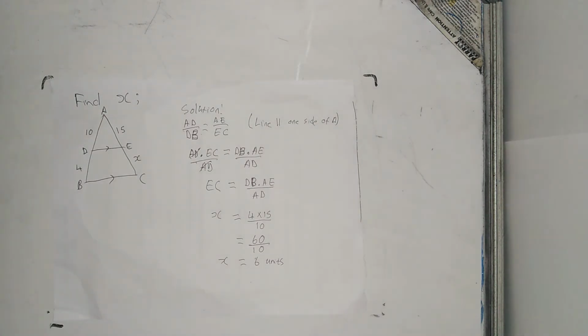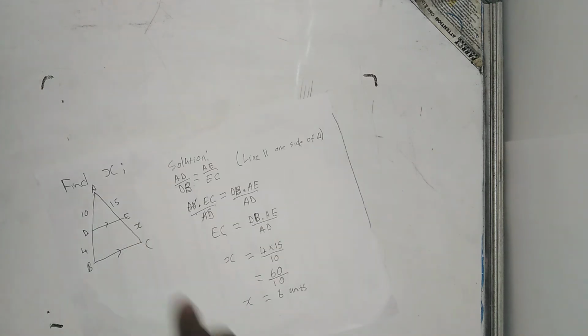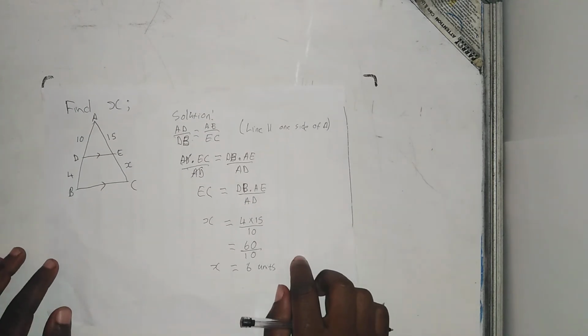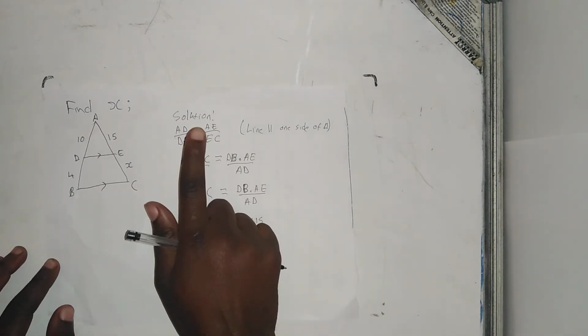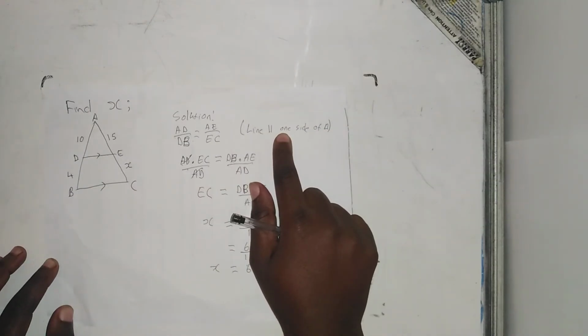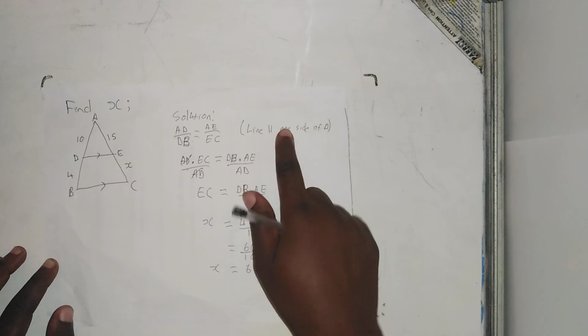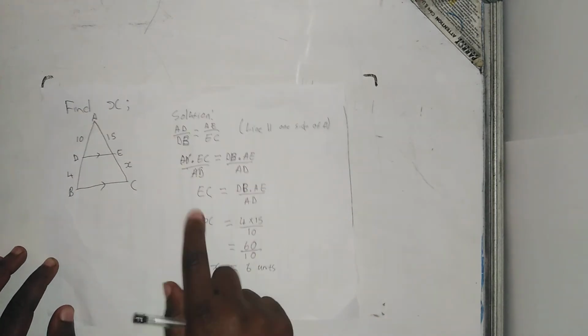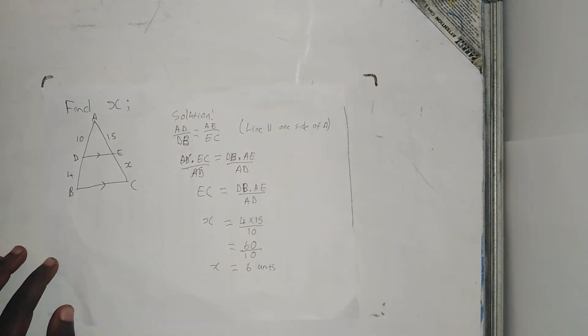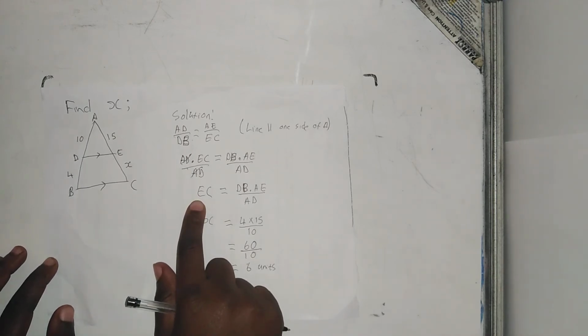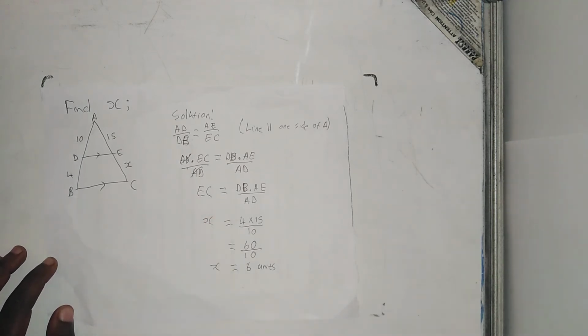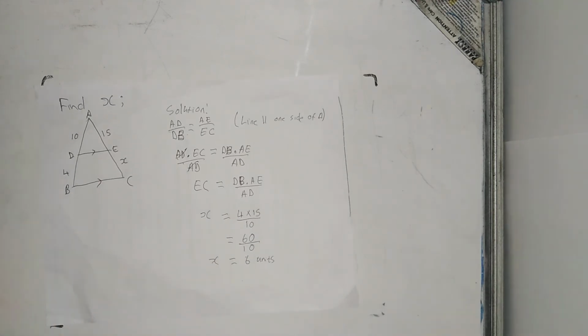And guys, we just showed here how you get to use it. You state it, and when you state it, you put the reasoning here. And this is a mark, ladies and gentlemen, and this is also a mark. And after that, you cross multiply, making what you are looking for the subject of the formula. In this case, it was EC.